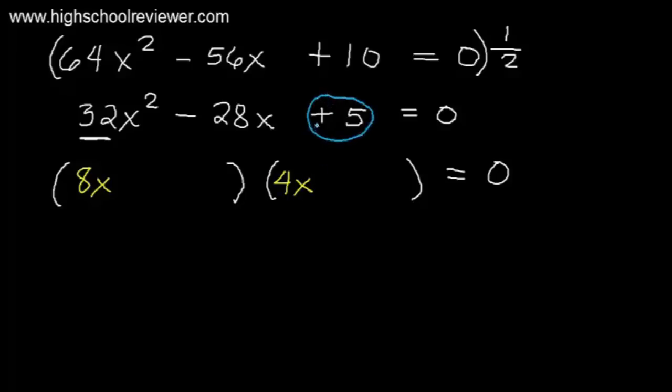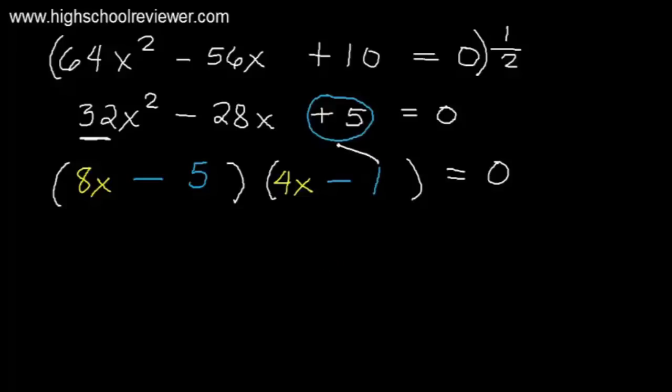Now, our third term is positive, and our second term is negative. So it is safe to say that our factors here must be both negative, since negative multiplied by negative is positive. And the factors of positive 5 will be negative 5 and negative 1. Let us check if our factors are correct.